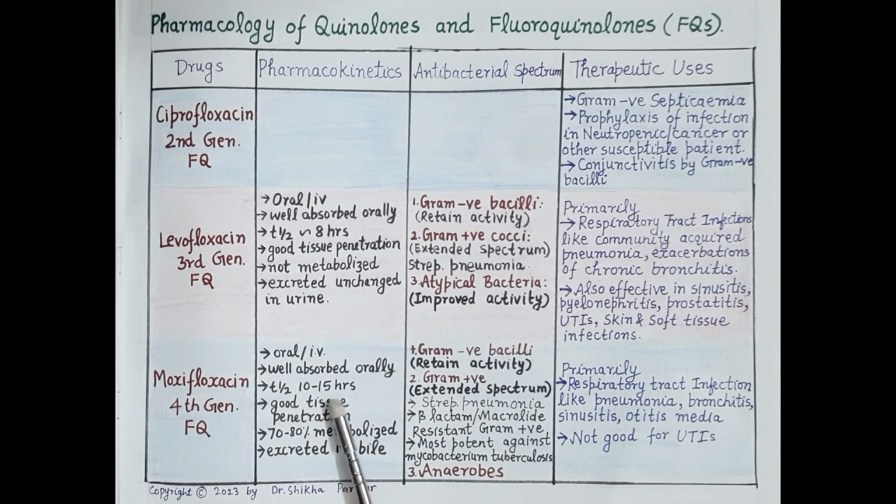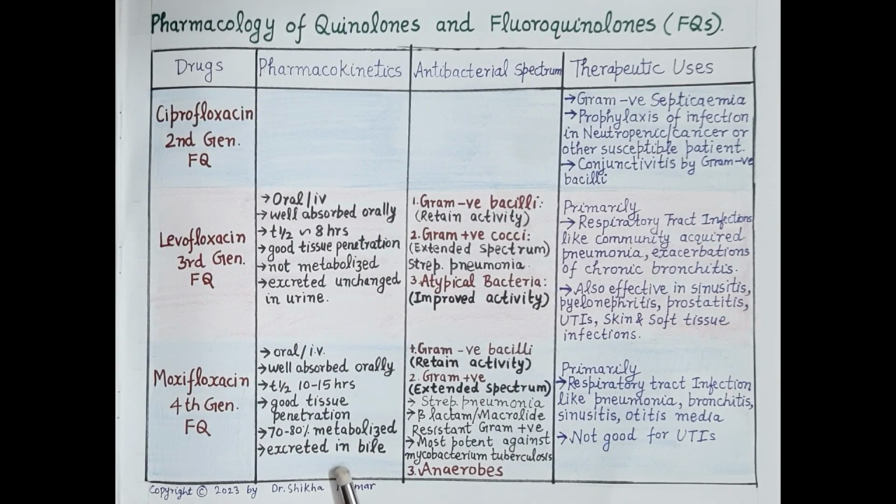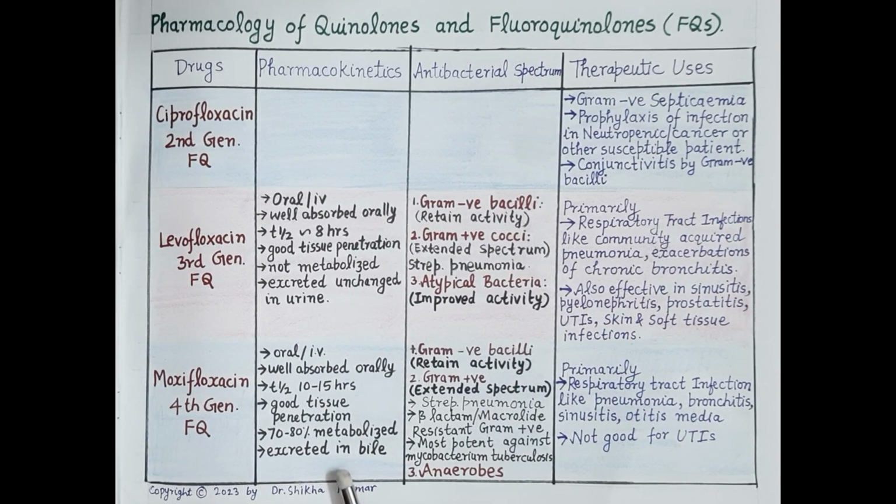It has a long half-life of 10 to 15 hours and has very good tissue penetration. Now, unlike other fluoroquinolones, moxifloxacin is 70 to 80% metabolized in the liver and it is not excreted in urine, but it is excreted in the bile.